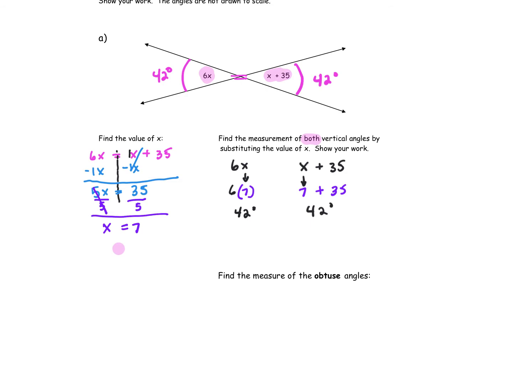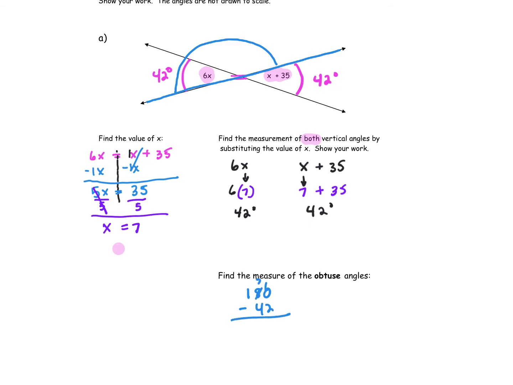Well, we do that by acknowledging that this little straight line has 180 degrees. All together, those two angles together would be 180 degrees. So that's a supplementary relationship. So if I wanted to know the obtuse angle, I could take 180 minus 42.